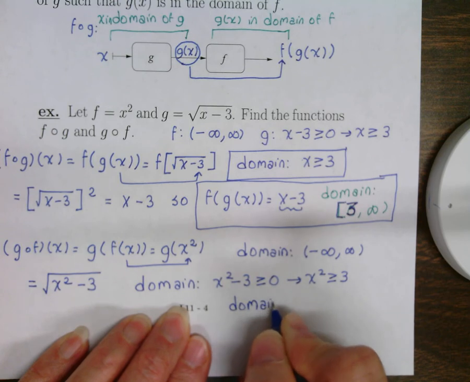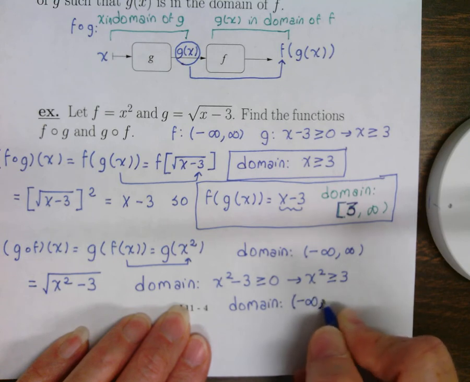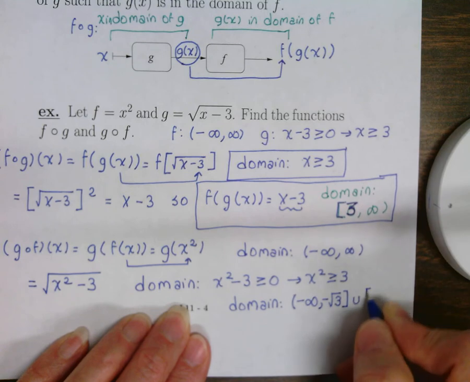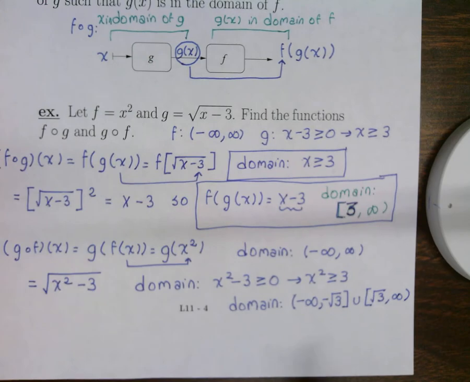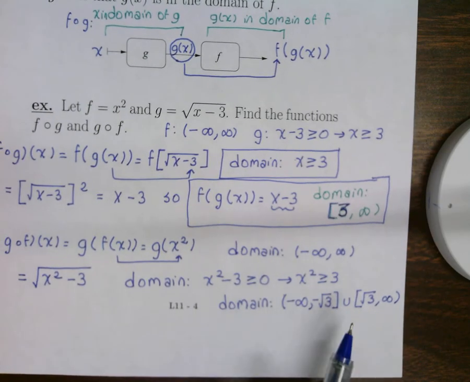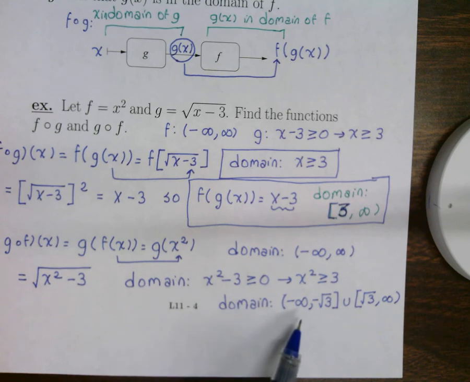Don't worry about it, we won't ask you to do one at this point, but it will be minus infinity up to minus the square root of 3 and the square root of 3 to infinity. I think you can see it makes sense why it would look like that, but don't worry about actually finding it. So that is our function, and that is its domain.